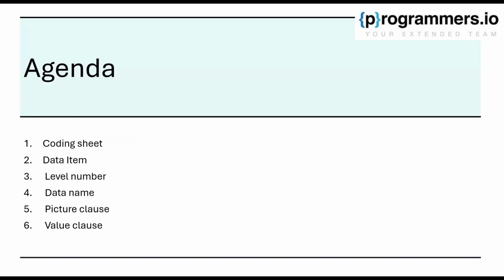By the end of the session, you will have a deeper understanding of how COBOL handles and manages data, and why it continues to play a critical role in business applications.